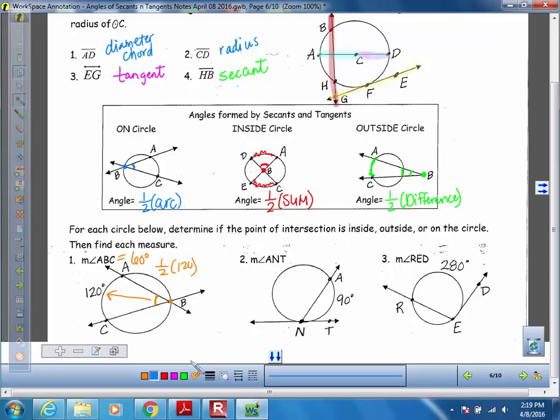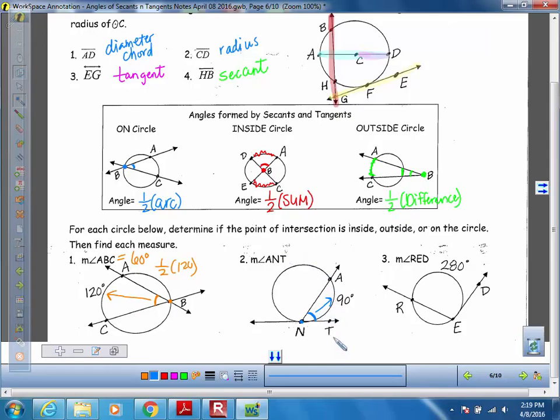Okay, let's look at number 2. So in number 2, we're looking for angle measure ANT. So ANT would be this angle measure here. Okay, where is the vertex of this angle located? On the circle. Okay, so we're going to use the same formula. We're looking for the angle measure that corresponds with this arc.